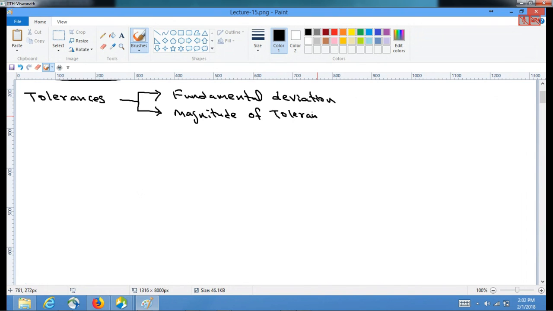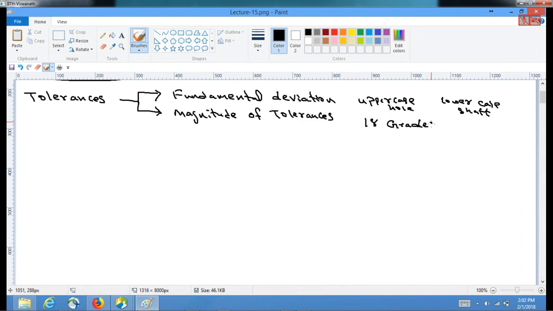We know that capital letters, uppercase A, B, and so on, are used for holes, and lowercase letters for shafts. And similarly, for magnitude there are 18 grades for different diameters.